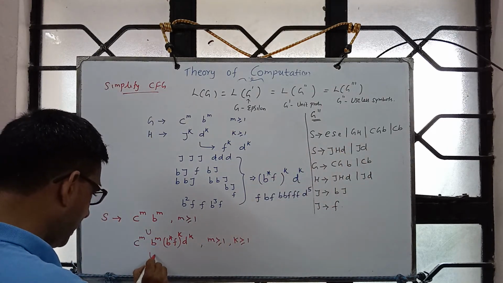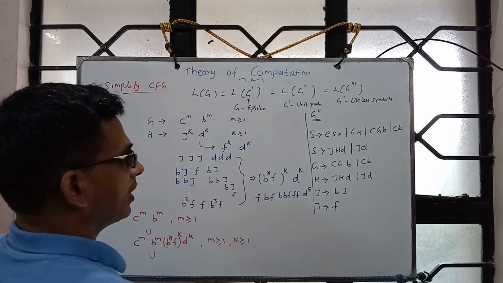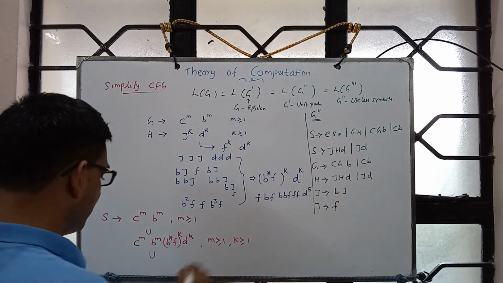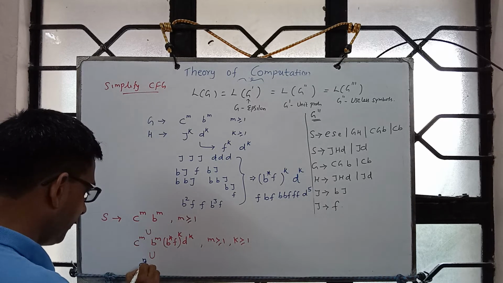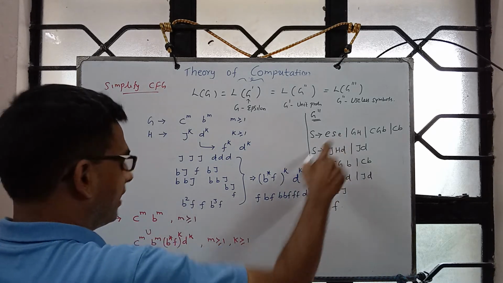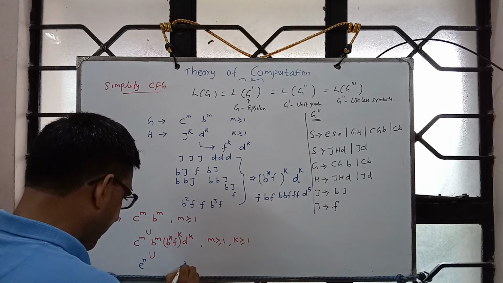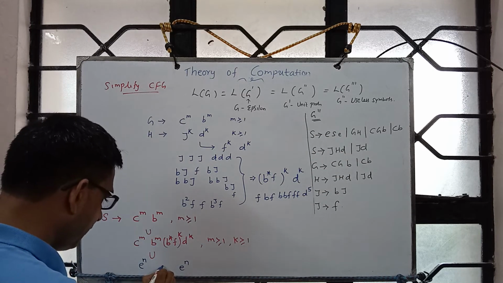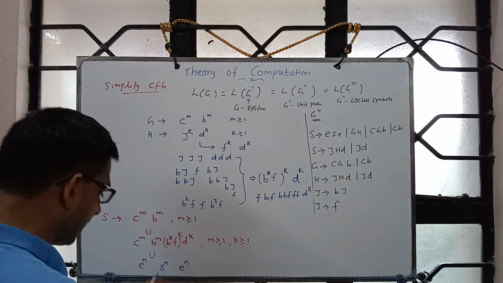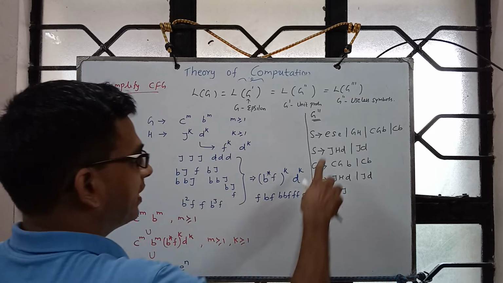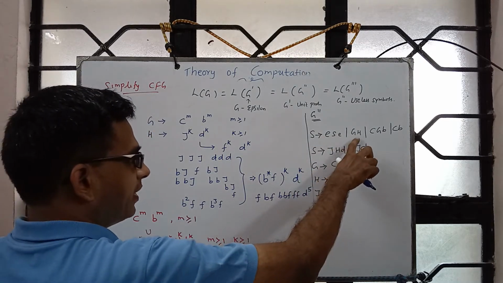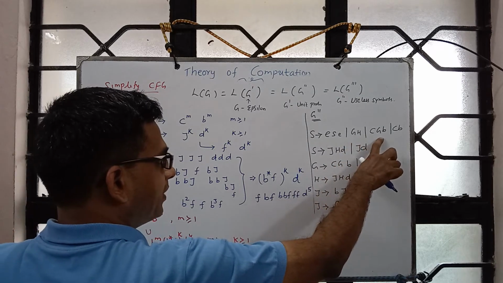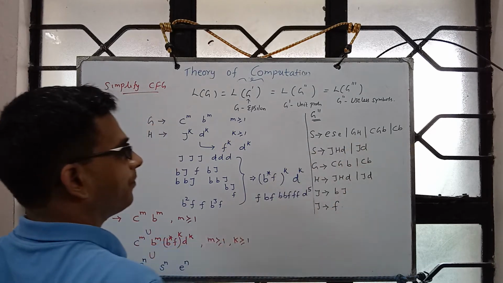Or union, look at ESC. ESC tells you that e power n, and this side also e power n. In between you have s power n. But that s power n can be this or can be this. Okay.